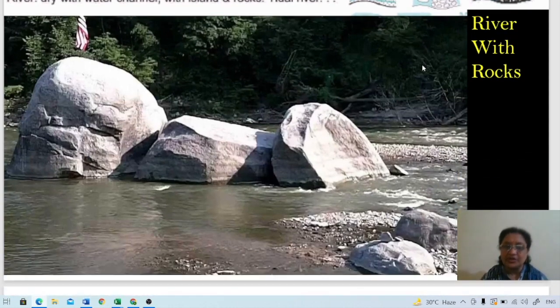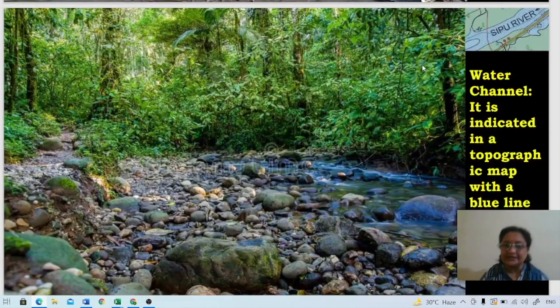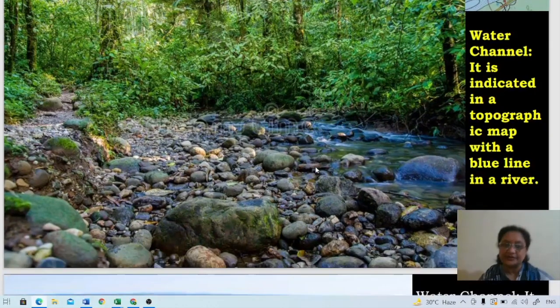Okay, now come to the next one. Next is a water channel which is flowing through a seasonal stream. Now this water channel is one of the examples of it. Throughout the year it flows through this part.